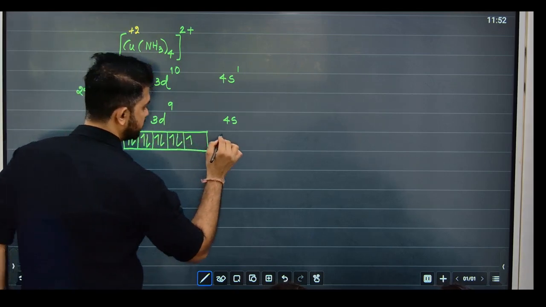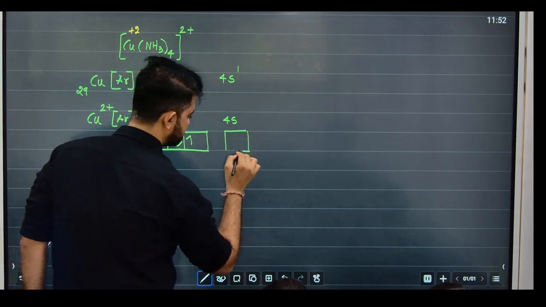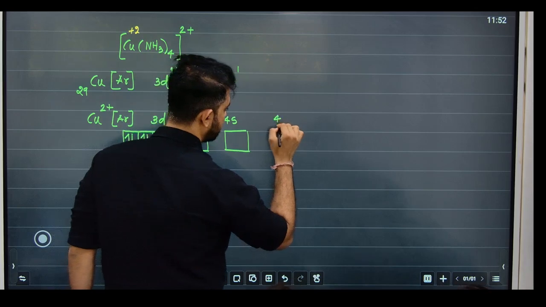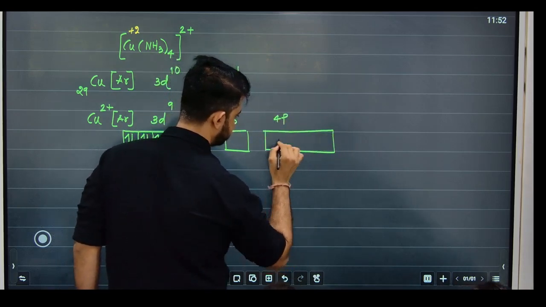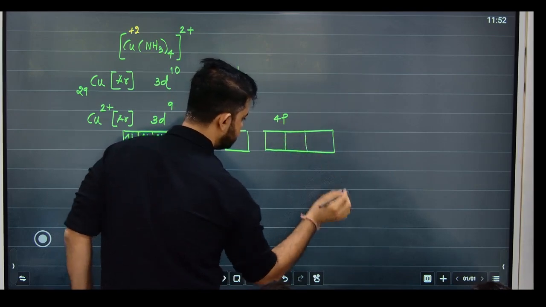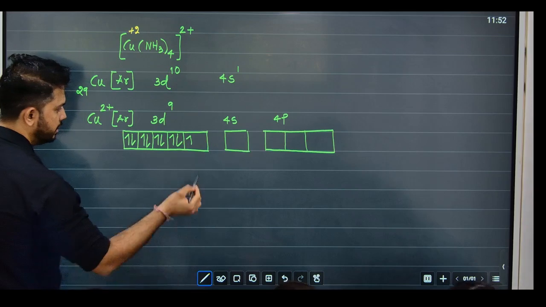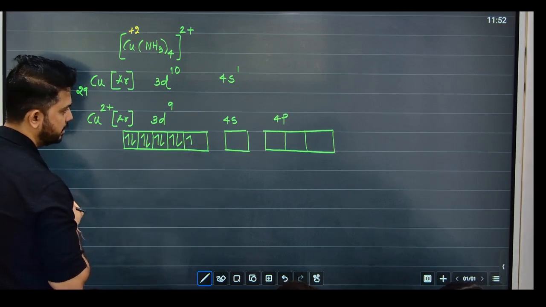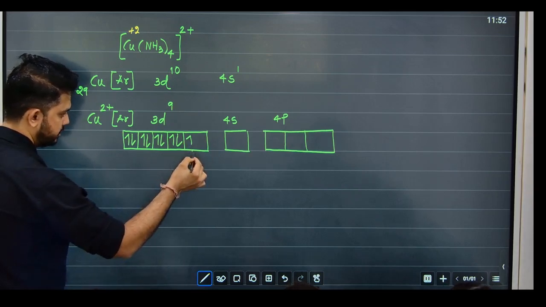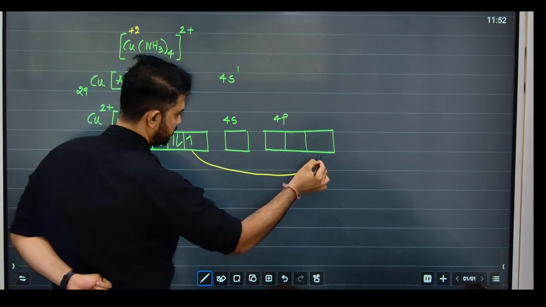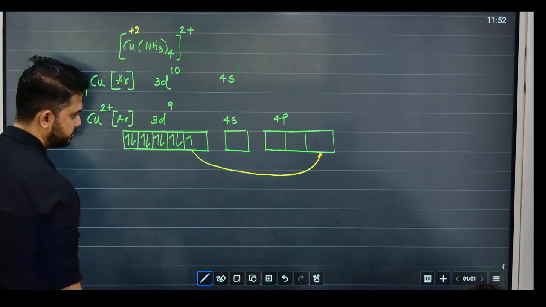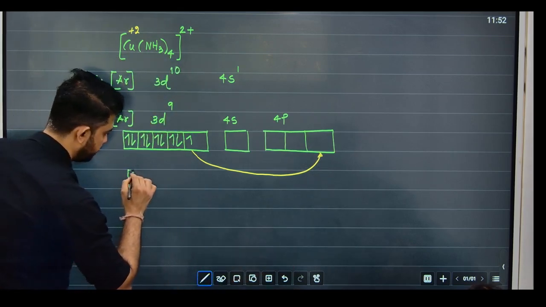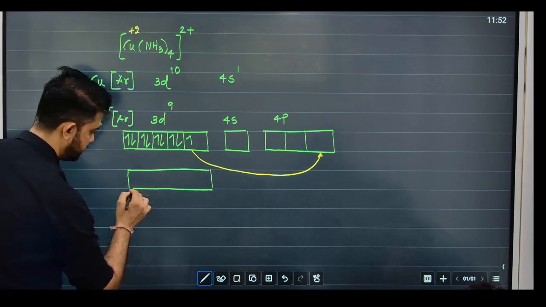Correct, and this is 4s. We also have empty 4p. Now what happens here is, you see this unpaired, shift this electron to 4p. So configuration looks something like this.